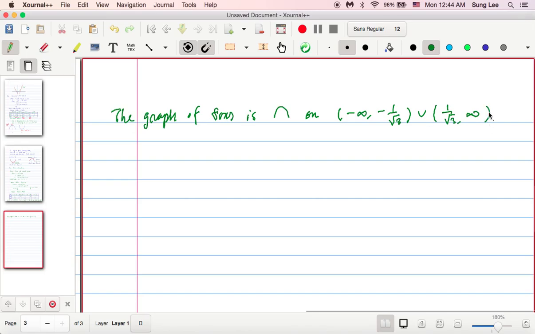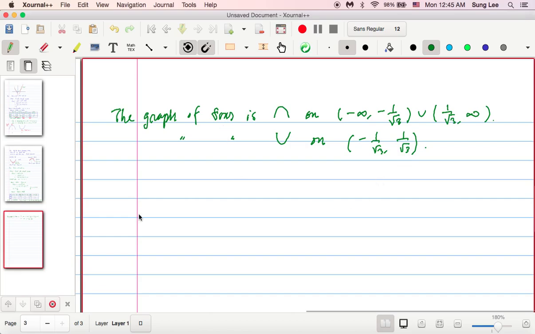Okay, so concave down. And then the graph of f of x is concave up on the interval negative 1 over square root of 3 to 1 over square root of 3. Okay, so the table tells us everything.